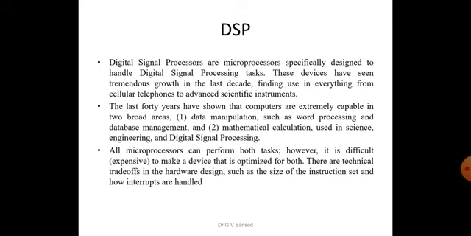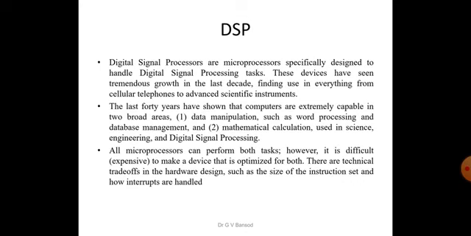And as you know that all these operations are very much complex. And in the last 40 years, the computers are extremely capable in doing data manipulation and also the mathematical calculation. And all microprocessors can perform both these tasks. But it is very difficult to design the microprocessor which is optimized for data manipulation as well as for the mathematical calculation.